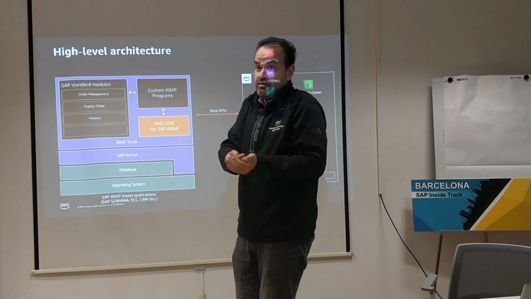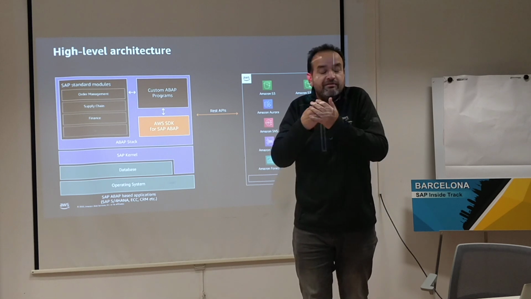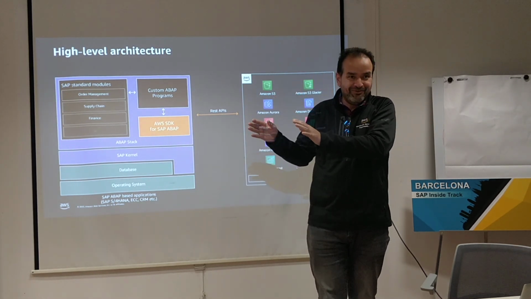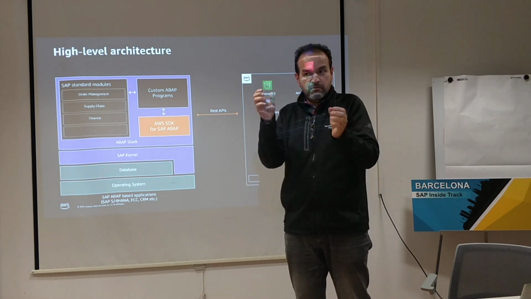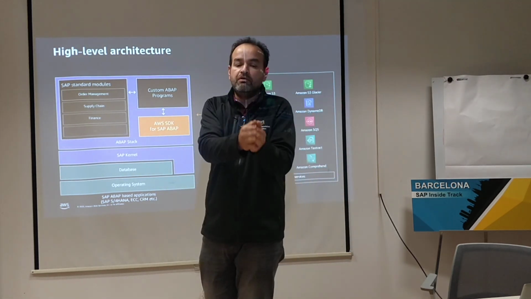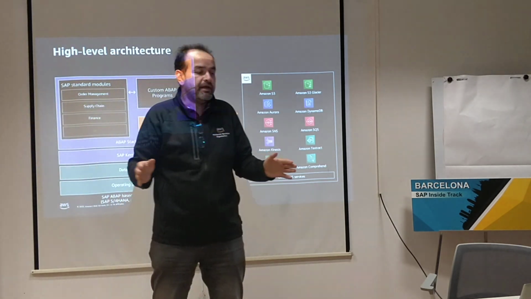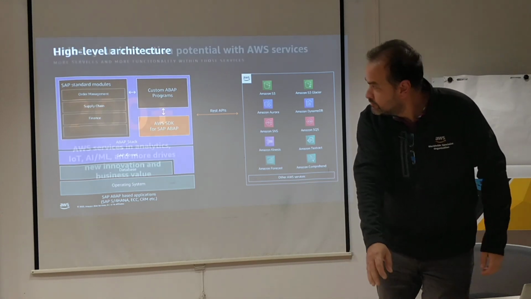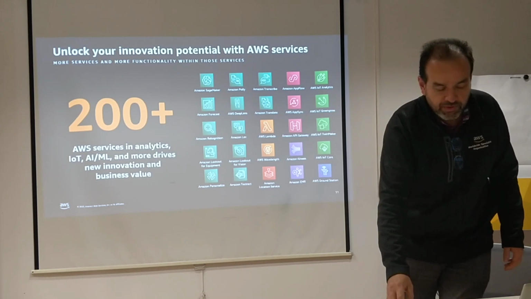Well, an add-on for more than 200 services would be a huge scope to be introduced on the ABAP system. That's the reason it was developed by transport, for each particular service. If you want to integrate with Lambda, you import the transport for Lambda. If you want to integrate with S3, you import the transport for S3. Many services on AWS.